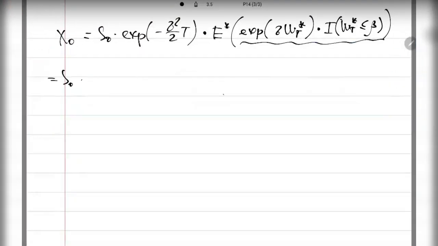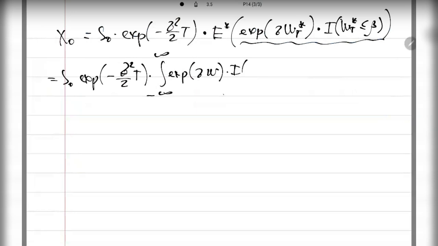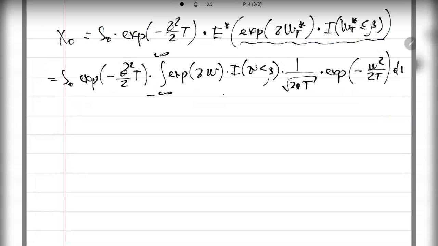So it is S0 exponent minus sigma squared over 2 times T, times the integral from minus infinity to plus infinity of exponent of sigma W times the indicator that W is less than beta, times 1 over square root of 2 pi T multiplied by exponent of minus W squared over 2T, dW.